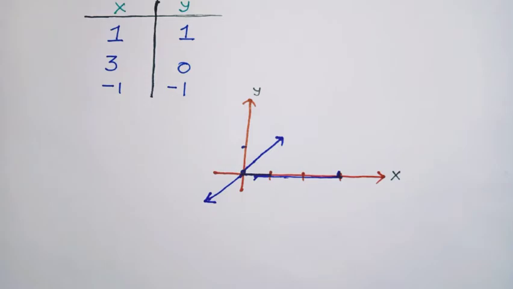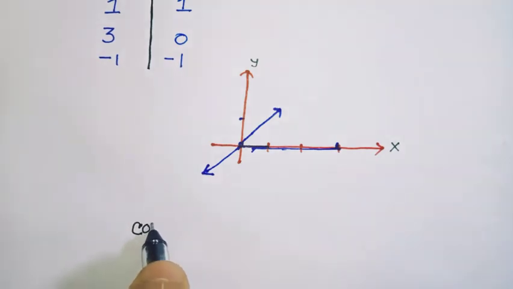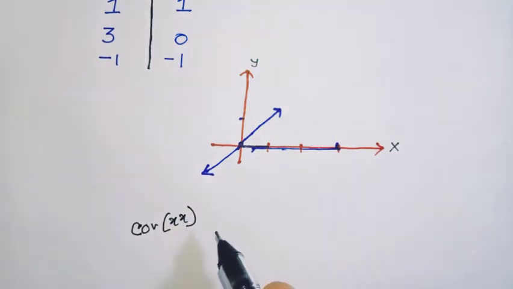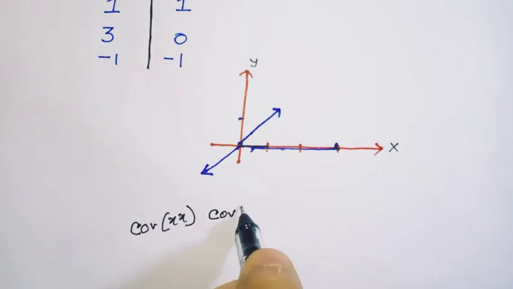Now in order to show what is a covariance matrix, first of all, it is a 2 by 2 matrix. We are considering a 2 by 2 matrix so that we can avoid bigger calculations. So first of all, as we have learned earlier, we write the covariance of x and x, then the covariance of x and y, right?